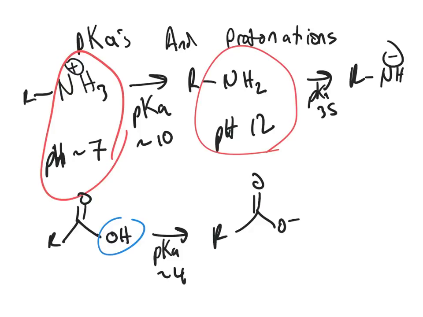So when we're in a solution whose pH is less than this, we will have the proton on your oxygen, and then when we are in a solution that is higher, like 7, we will not.